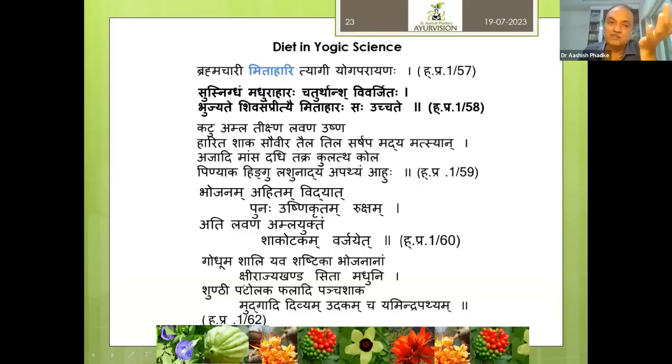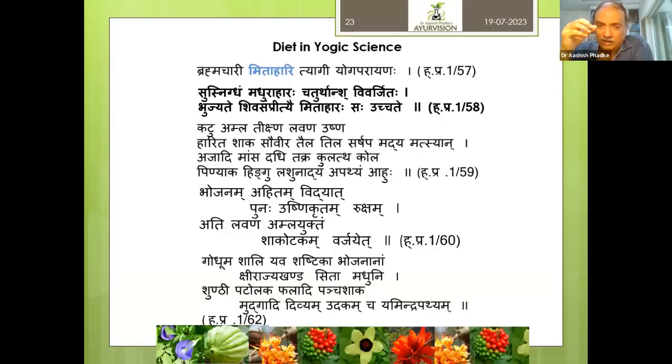Shunti, that is dry ginger powder. Patolaka, faladi, panchashaka. There are 5 types of vegetables which yoga and Ayurveda both recommend. One of the commonest is guduchi, which became famous in the COVID period, that is giloy. And there are 5, jivanti and patola and all that. Then mudgadi divyam. Mudgadi means your moong.